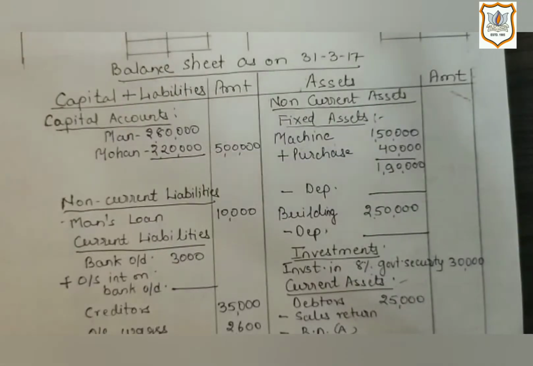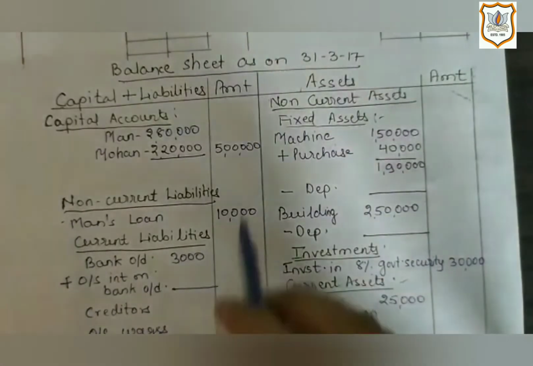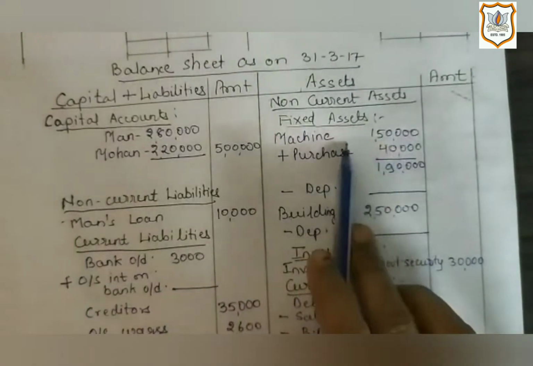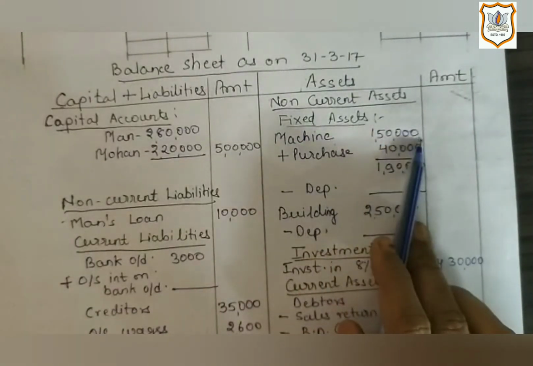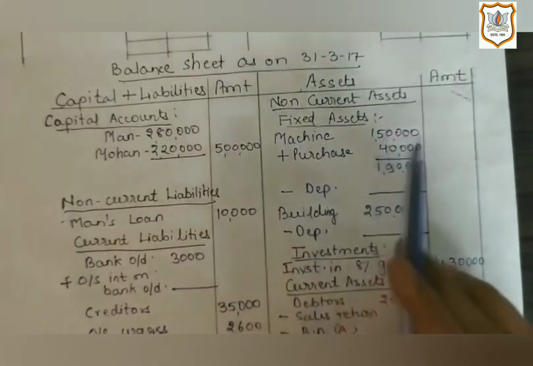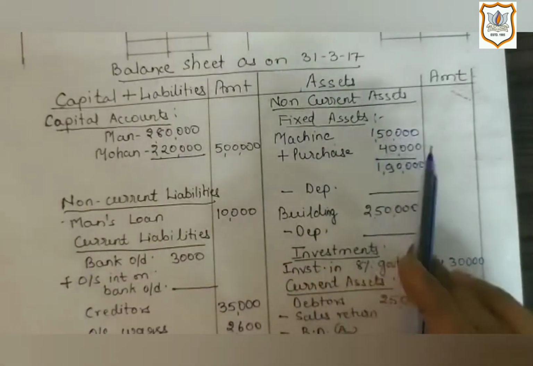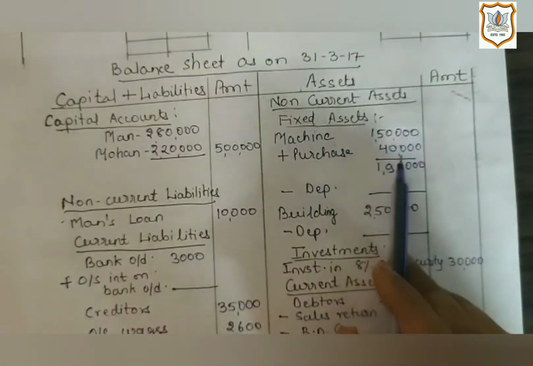Now next adjustment is provide depreciation at 10% on machines and building. So first let's calculate depreciation for machinery. Here in trial balance, value of machine is given, which is 1,50,000 plus further purchase of office machine is also given, which is rupees 40,000.